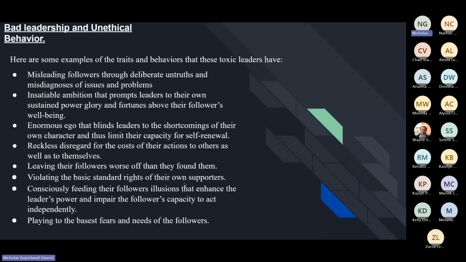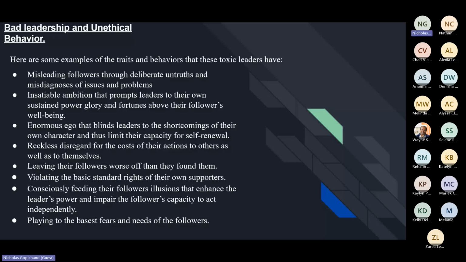Misleading followers through deliberate untruths and misdiagnosis of issues and power. Enormous ego that blinds leaders to the shortcomings of their own characters and thus limits their capabilities for self-renewal. Along with the rest of what you all would have said, these would be considered toxic leadership.